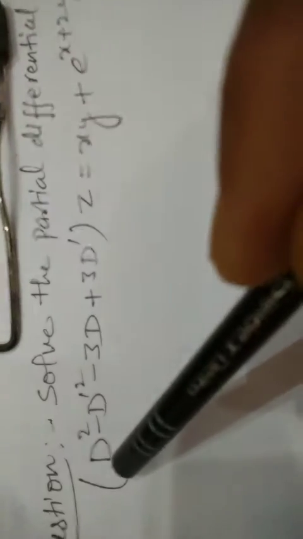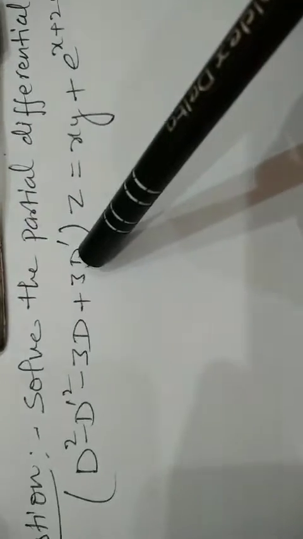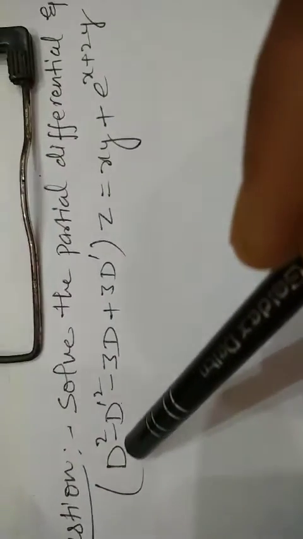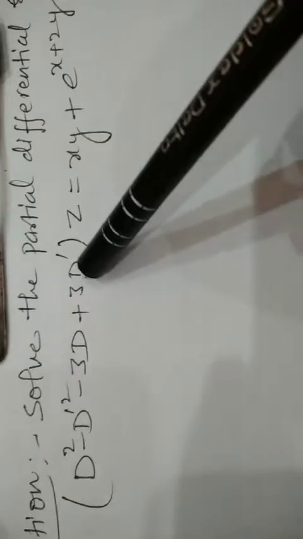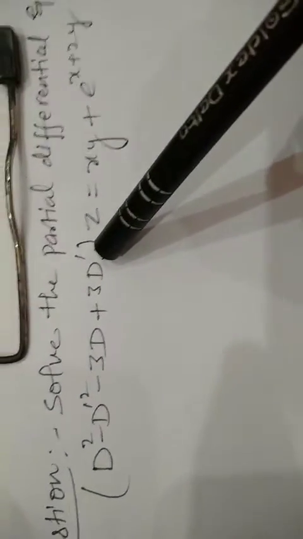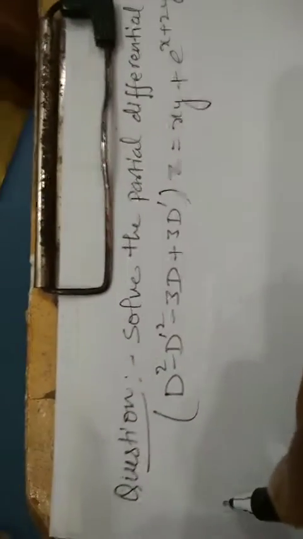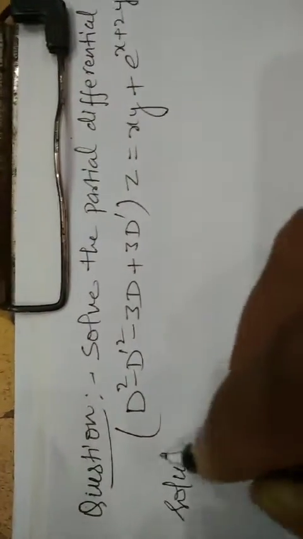So now since every term is not of the same order, such a type of differential equation is said to be non-homogeneous. It's okay. So what is the procedure for solving such a type of differential equation, I'm going to discuss here. Solution is like this.